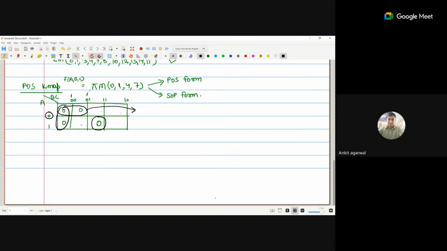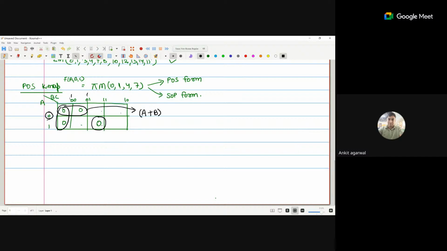A and B both are constant, so I can represent this one in terms of POS. So how will the POS term be defined? Every term will be the summation. If A is constant with value 0, and B is constant with value 0, then A plus B.